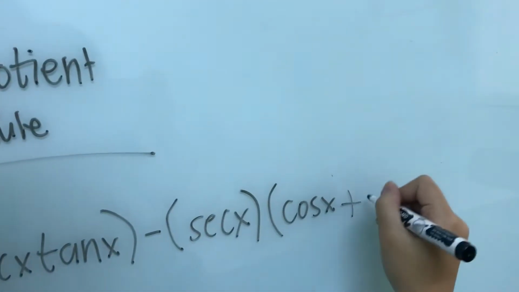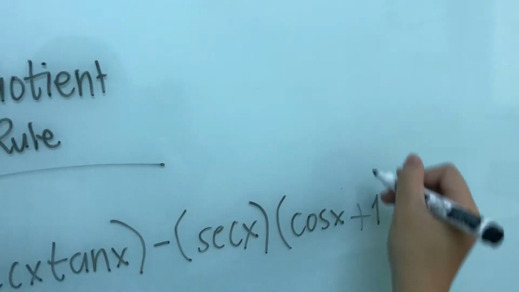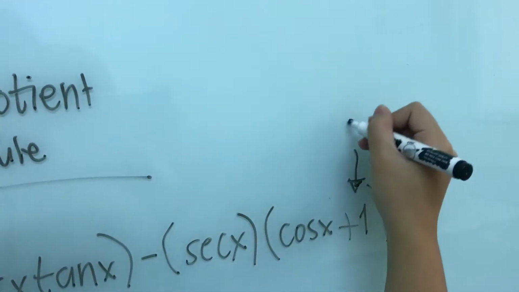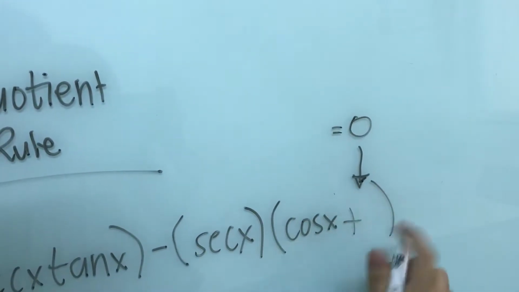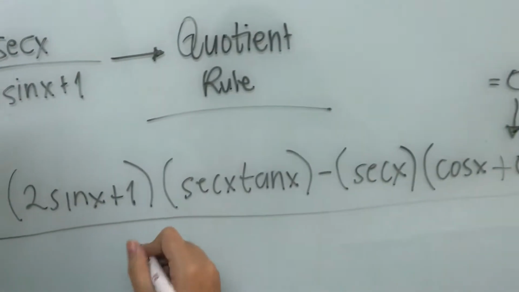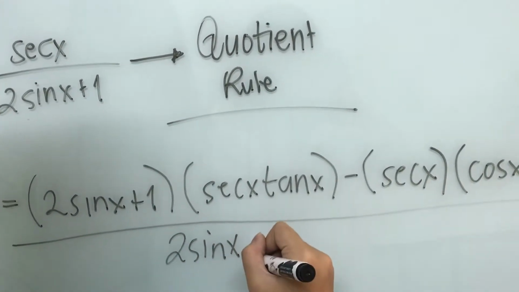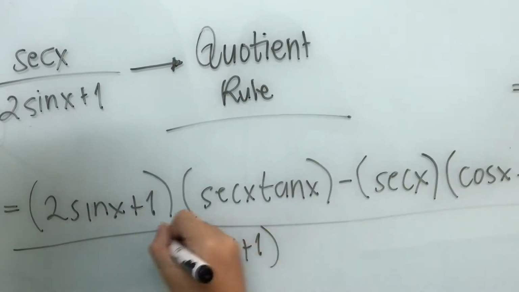Although, according to the rules of constant, 1 is a constant number, so it will be equal to 0. Over the quantity of 2 sin x plus 1 squared.